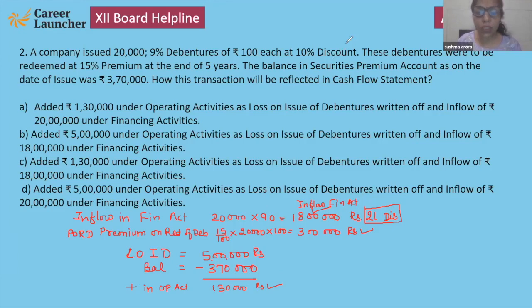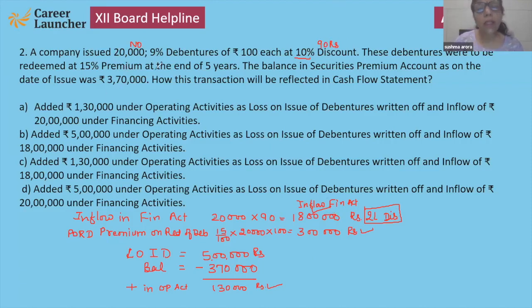Many students ask how it is C, so let me explain again. There is a 10% discount, which means 90 rupees is the issue value. Numbers into rupees, that will be inflow under financing activity.